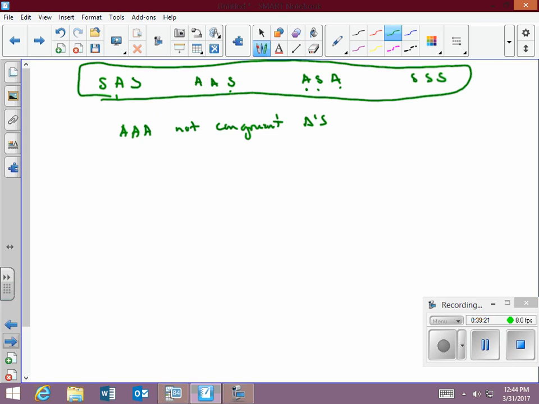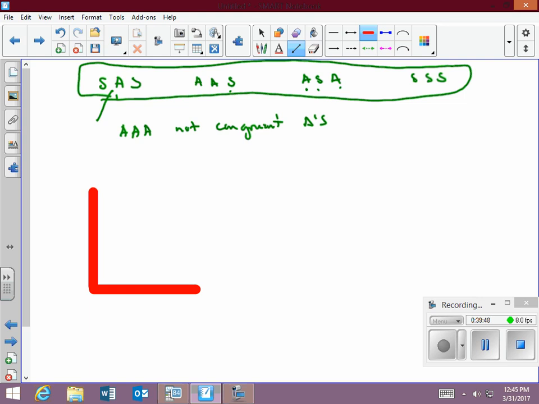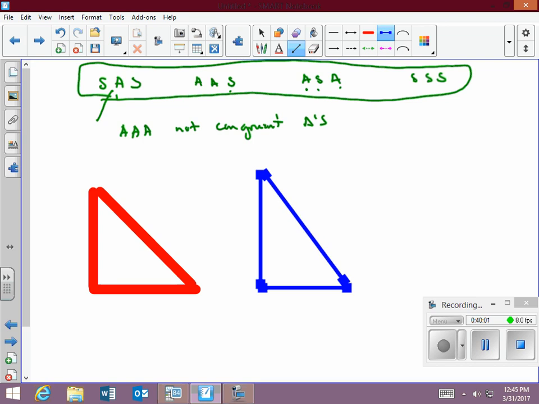That's actually a special case of this particular one right here, because if you have two legs of one triangle congruent to two legs of another, if this one is congruent to this one, and that one is congruent to that one, those are the legs, and it's a right triangle, then what's true?